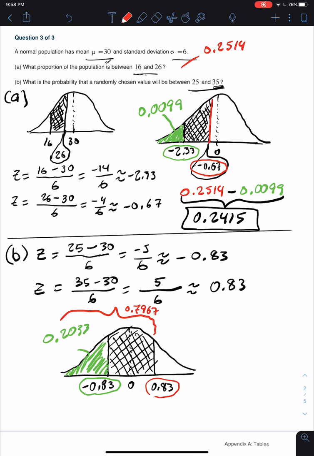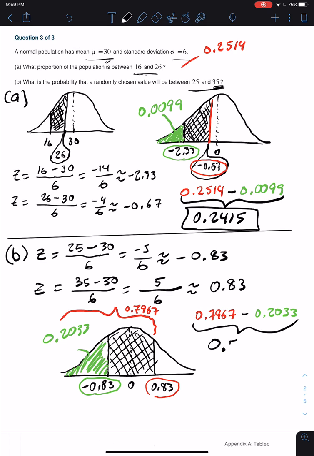Of course, now we take the larger area, 0.7967, and subtract the smaller area, which was 0.2033, and that is going to give us the resulting band right there, the shaded region between negative 0.83 and positive 0.83.